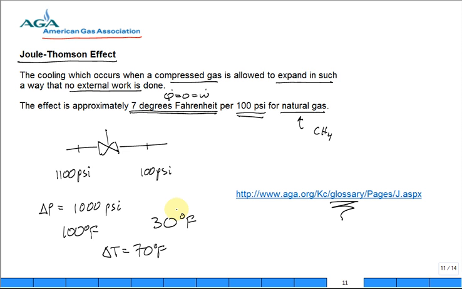What is the outlet temperature? Where does water freeze? 32. So a lot of times you only have 70 degree F natural gas flowing. You could get some very cold natural gas. And if you have just a little bit of moisture in it, which they try to get rid of, they really limit the amount of water vapor you can have in natural gas, then you can have problems because what will you have over here?